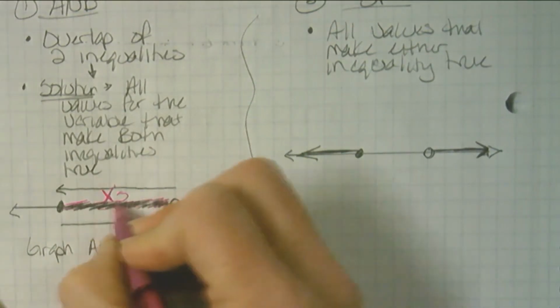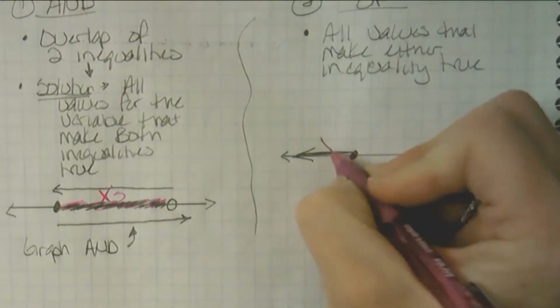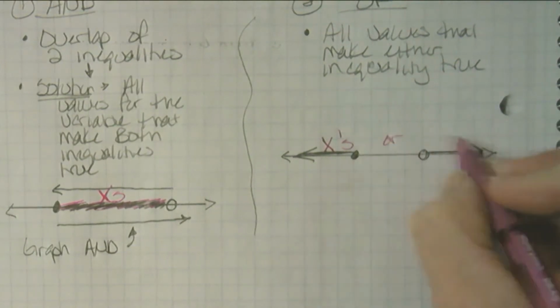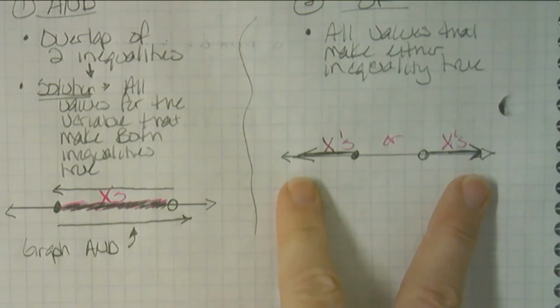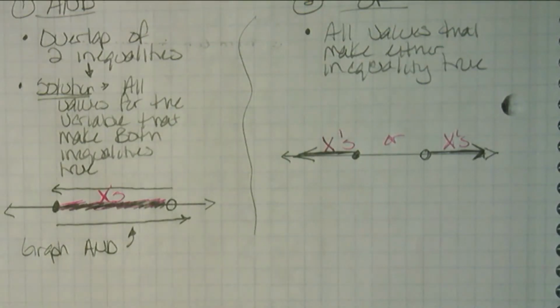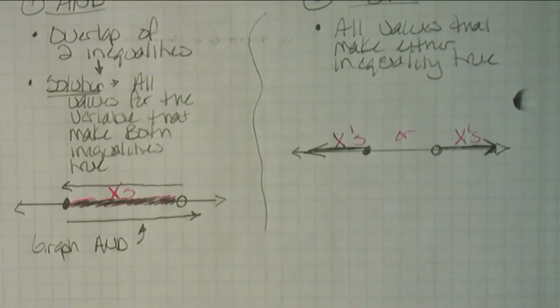Those are all the possible x's. In my ors, all my x's are either going to be that one or all my x's are going to be that one for shading. All right, so from a visual standpoint, that's what those mean.